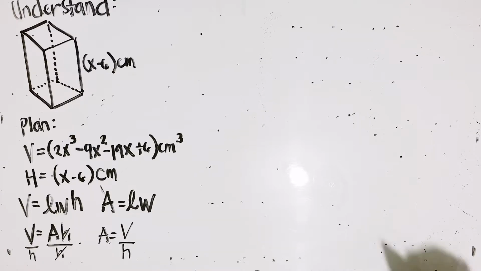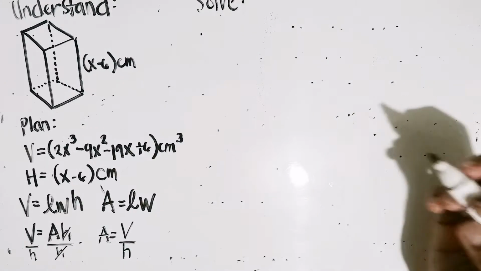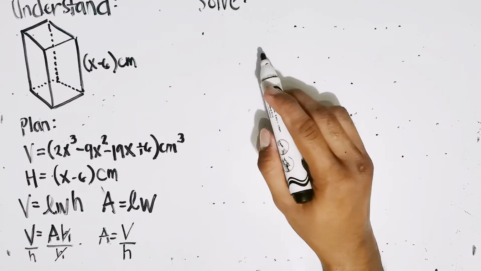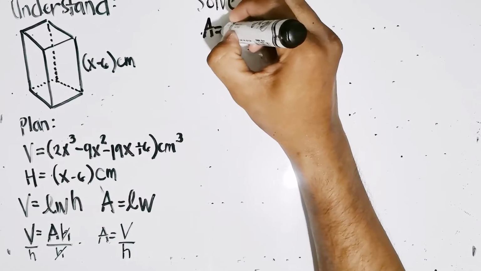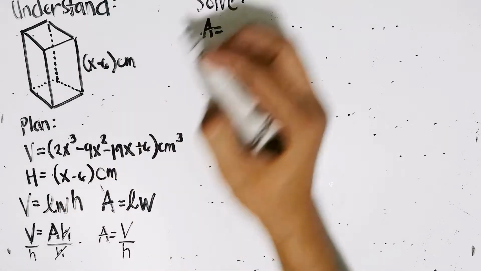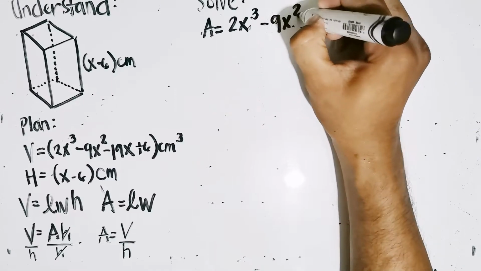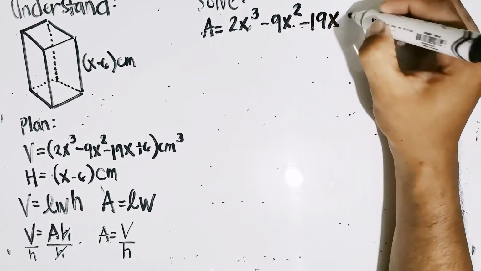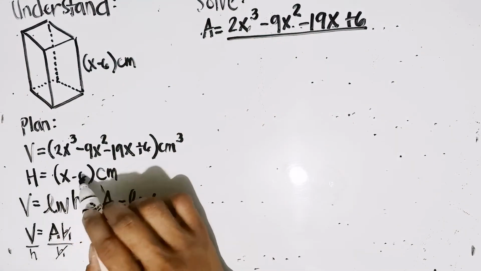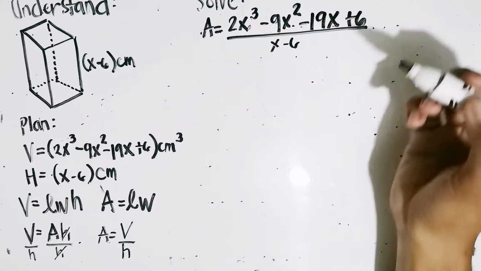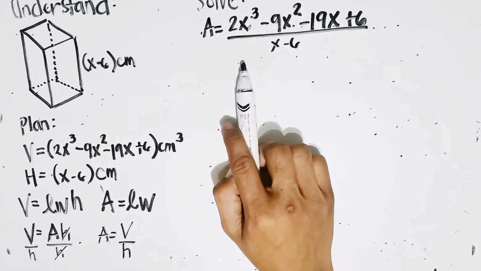Next step is solve. So under solve, we will substitute our given to this formula. Area is equal to the volume, 2x cubed minus 9x squared minus 19x plus 6 all over the height, which is x minus 6. Next, to divide polynomials, we can use long division or we can use synthetic division.